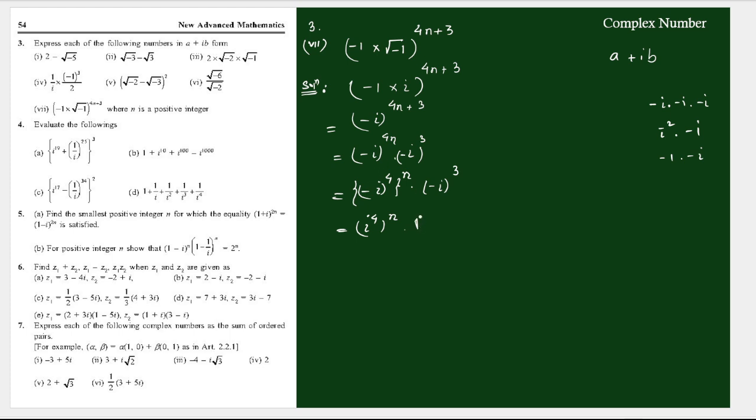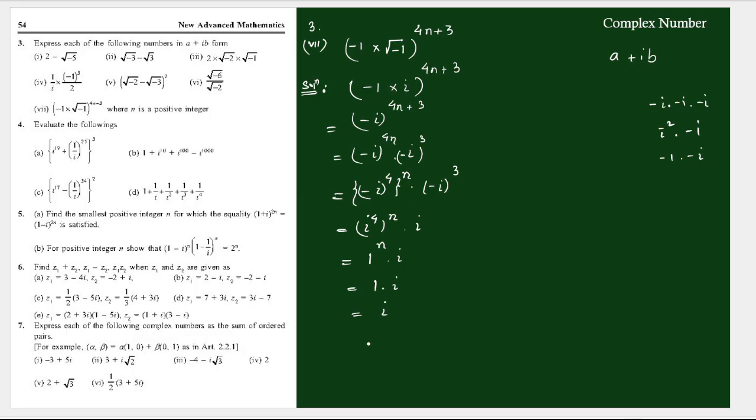So it will be your plus i. Now this will become 1 to the power n into i, and 1 to the power n is 1, so 1 into i is nothing but i.